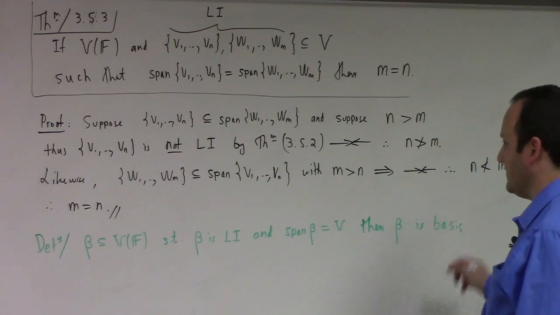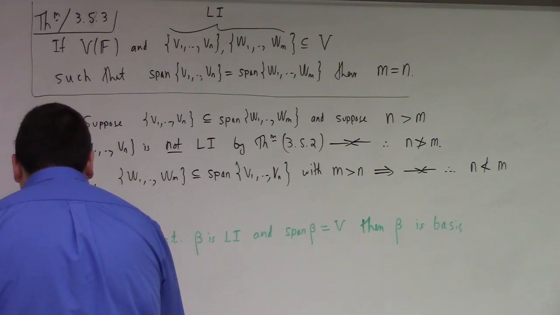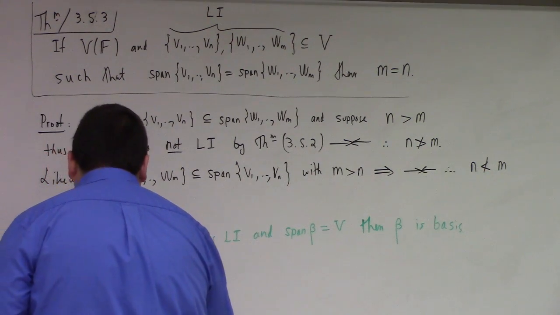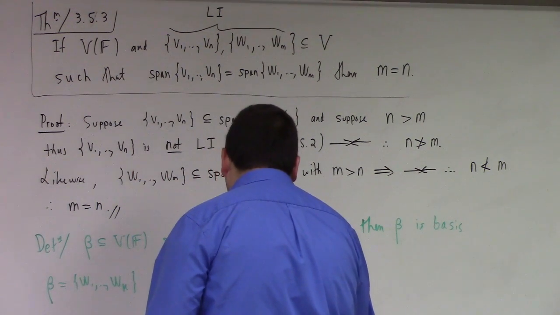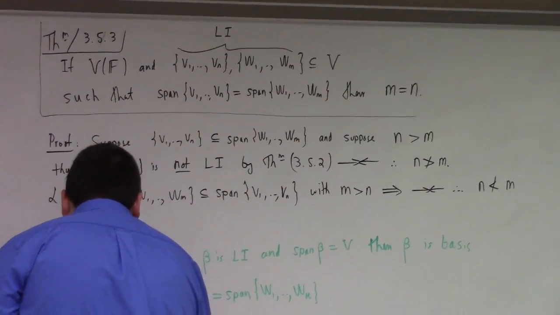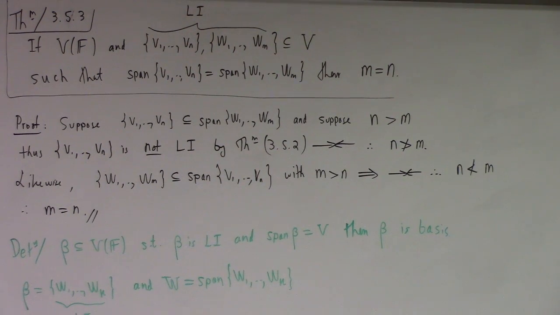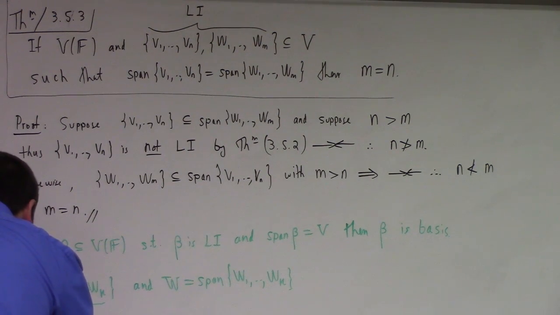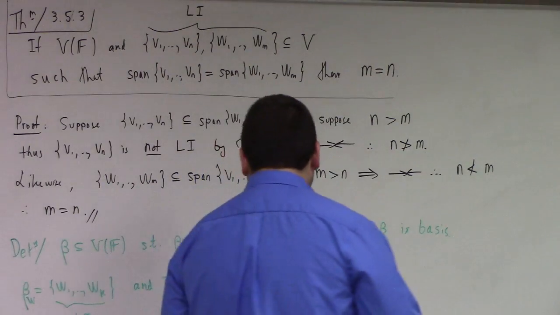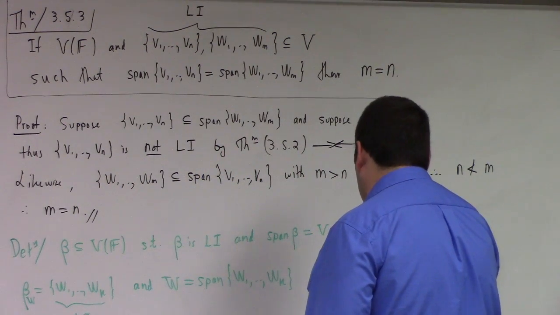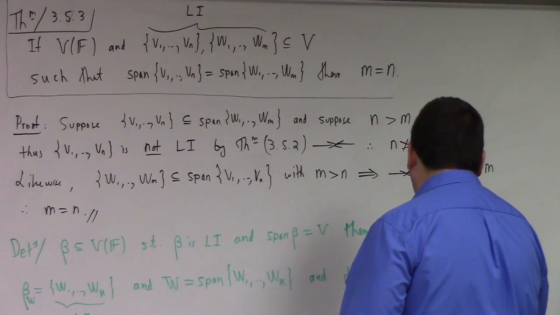What this theorem we just proved says is that, for example, if beta equals W1 through WK, and W is the span of W1 through WK, and this is linearly independent, then if you have a linearly independent set and this W is formed from the span of those vectors, then this, let me call it beta sub W, is a basis for this subspace W. And what we say is the dimension of W is equal to the cardinality of beta in the finite case.